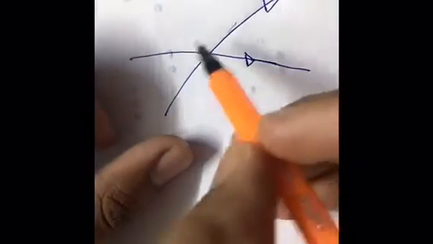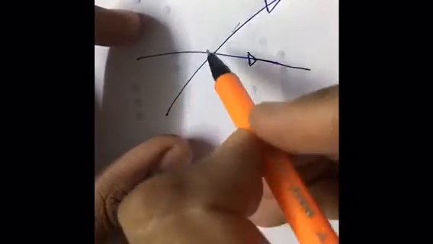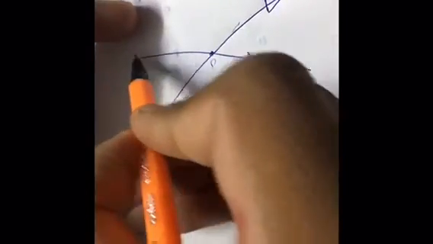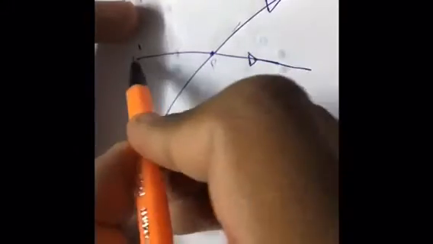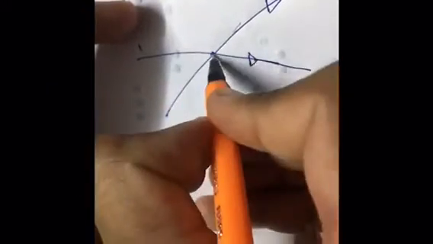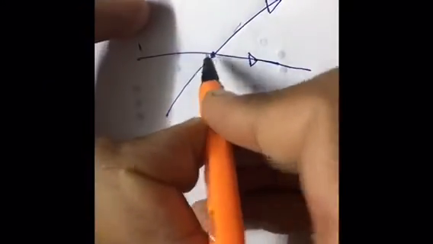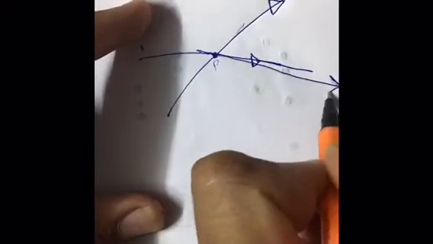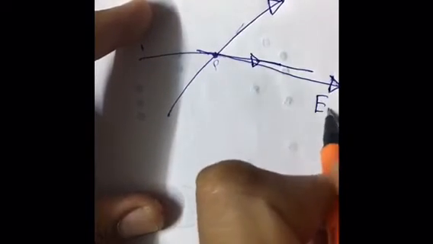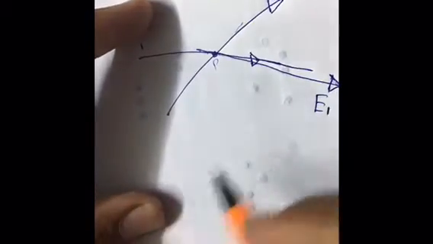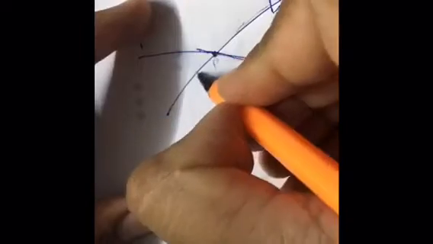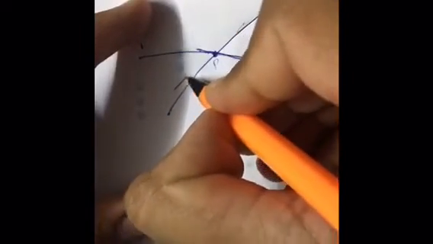Let us suppose two electric field lines intersect at point P. According to line 1, the electric field at point P will be, we draw the tangent, this is the direction of electric field due to line 1. According to line 2, at point P, the direction of electric field will be like that.